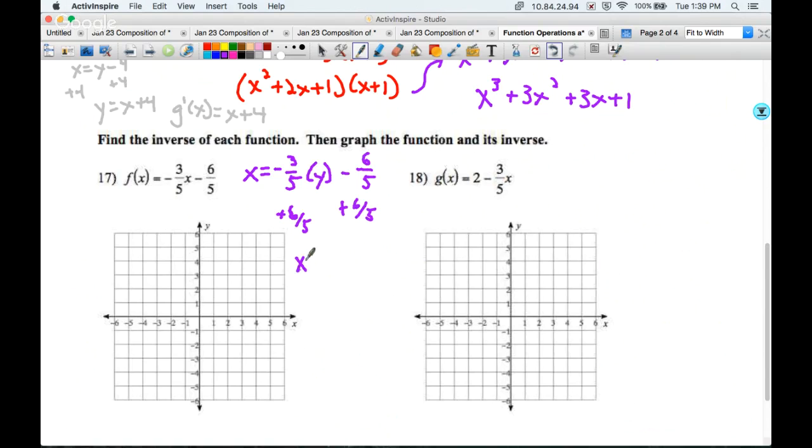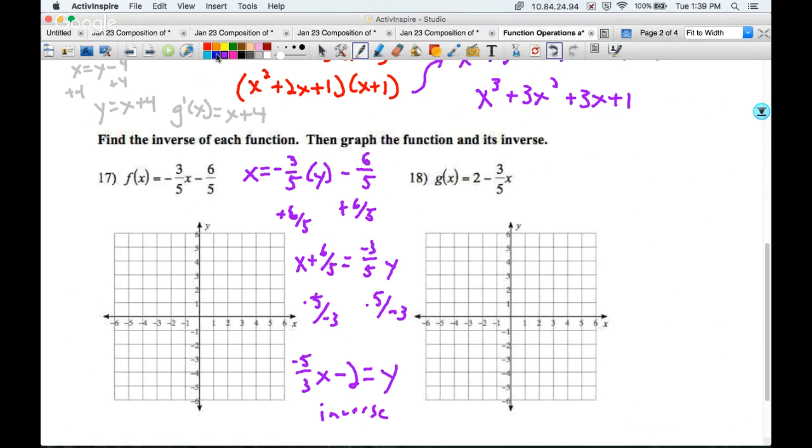We'll get x plus 6/5 equals negative 3/5 y, multiplied by the reciprocal, 5 over negative 3. And we get negative 5/3 x minus, let's see, that'd be 30 over, or we could just cancel the 5s. Minus 2 equals y, so there's the inverse.